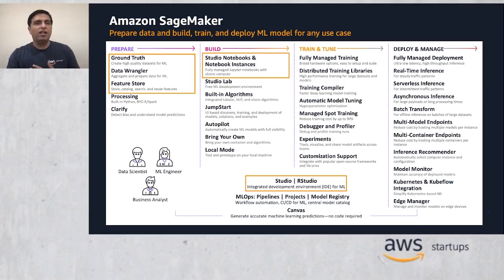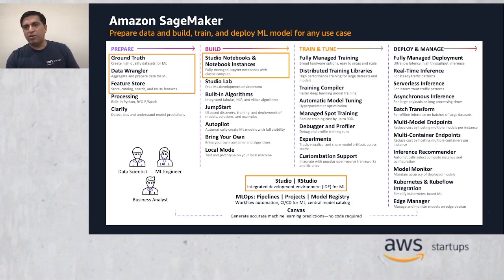SageMaker includes a lot of different features and capabilities. We typically group these features and capabilities into 4 different categories: data preparation, model build phase, training and tuning, and deployment, management, and hosting. In the previous video, we talked about different ML data prep capabilities of SageMaker, such as SageMaker Data Wrangler, SageMaker Feature Store, and SageMaker Ground Truth.